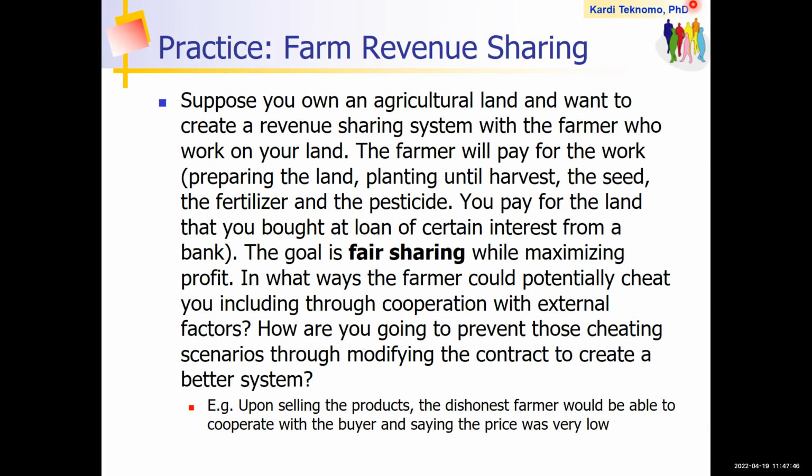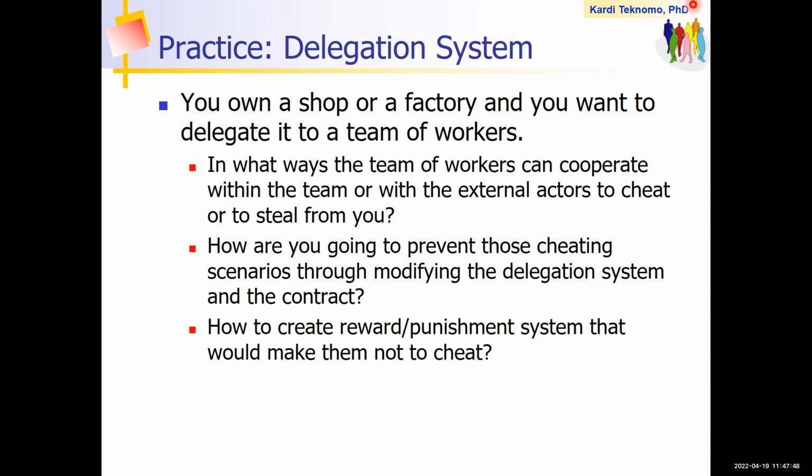And second, the same assignment for next week: suppose you own a shop or a factory, and you want to delegate it to a team of workers. In what way can the team of workers cooperate within the team or with external actors to cheat you or to steal from you? And then how are you going to prevent those cheating scenarios?